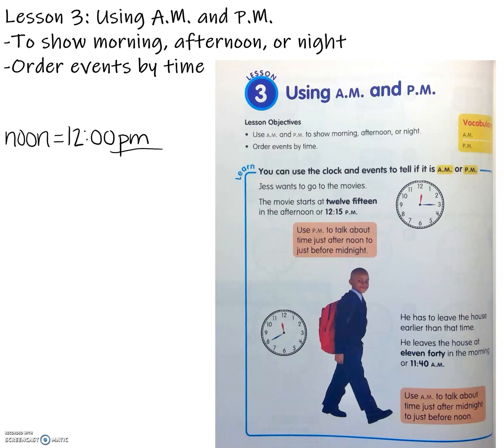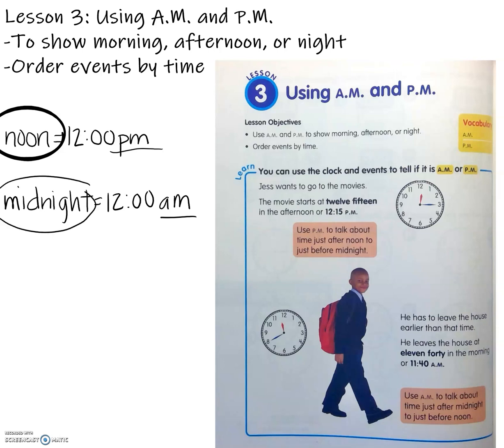P.m. is used to talk about the time just after noon and just before midnight. And midnight is 12 a.m. And midnight is the start of the morning.